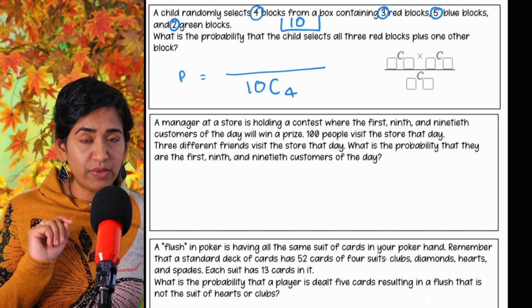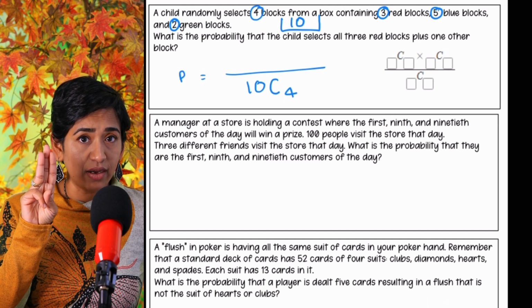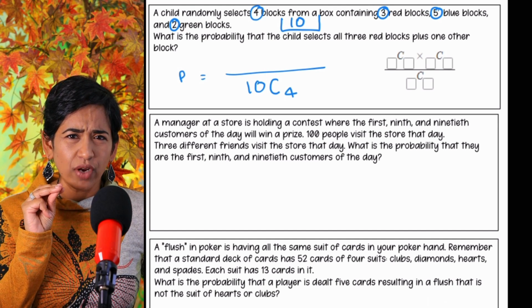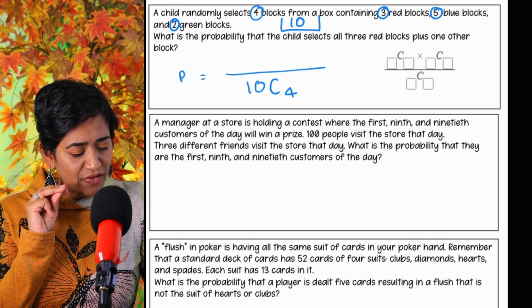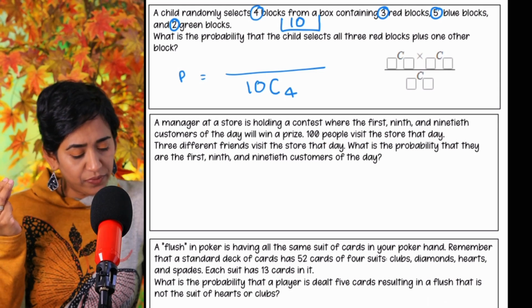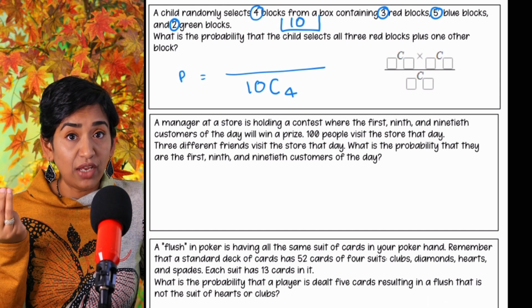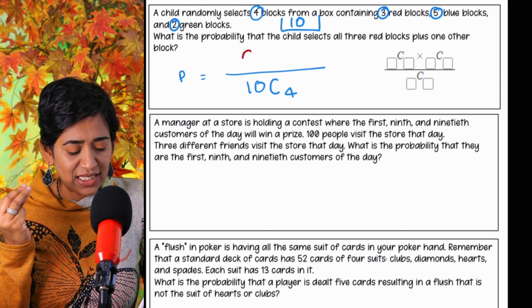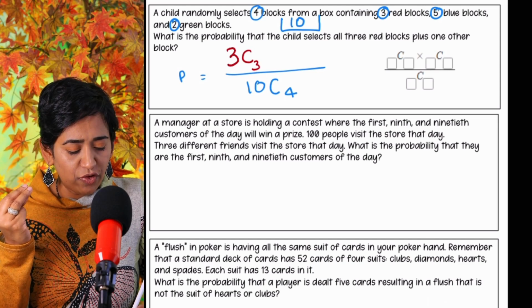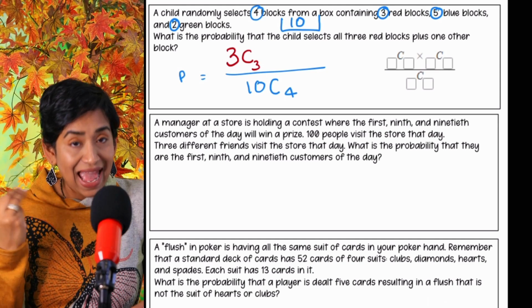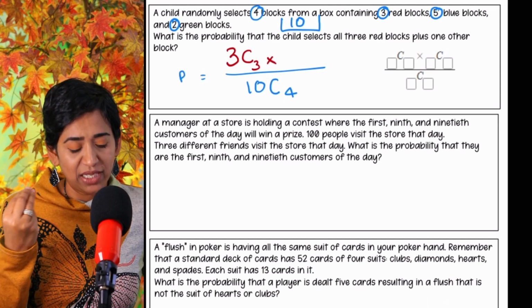Now, remember the child has to pick 3 red. How can the child pick 3 red? How many reds do you have? 3 red blocks. So picking 3 from 3 is the child has to pick 3 red from 3 red. There you go. And is multiplication.